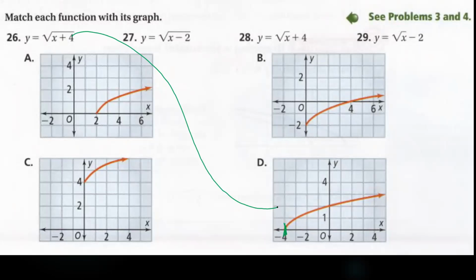Look at now number 27. We have the number that is under the square root too. So that means I have to translate it along the x-axis. Left or right? Right. In your mind, x minus 2. Solve it in your mind.